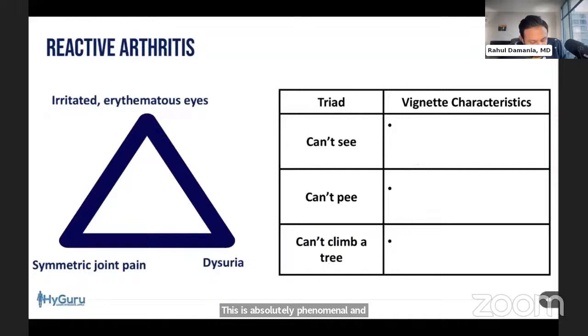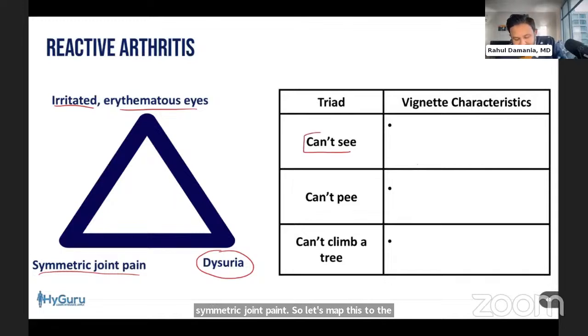All right. So reactive arthritis in a vignette, irritated erythematous eyes is what you're going to be seeing in your physical exam. The patient in your history may actually endorse dysuria. They may also have this symmetric joint pain. So let's map this to the triad. Can't see.